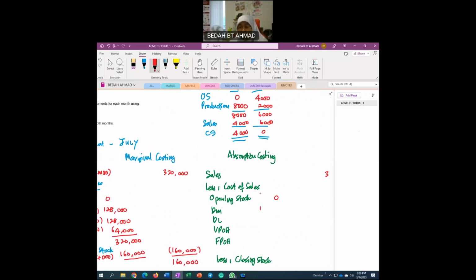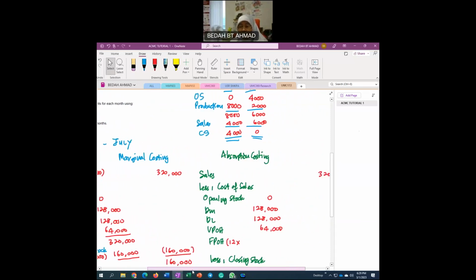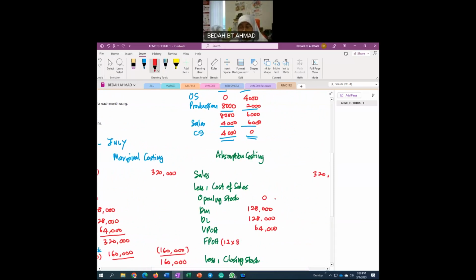Then fixed production overhead is the difference from marginal costing: RM12 multiplied by the units produced, 8,000, which is 96,000. Altogether it is 416,000.